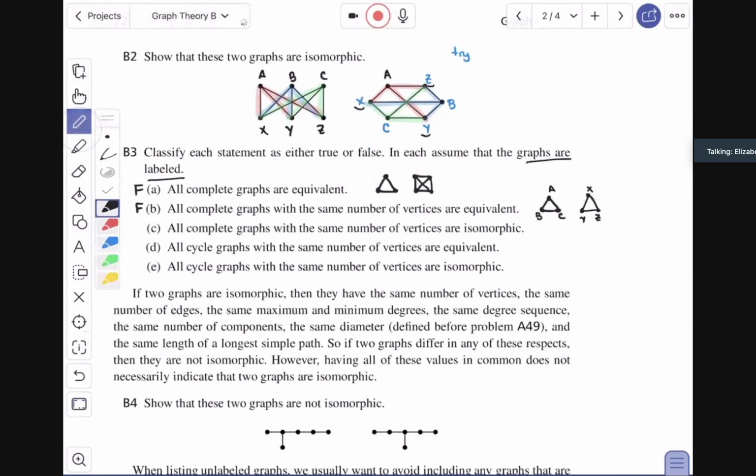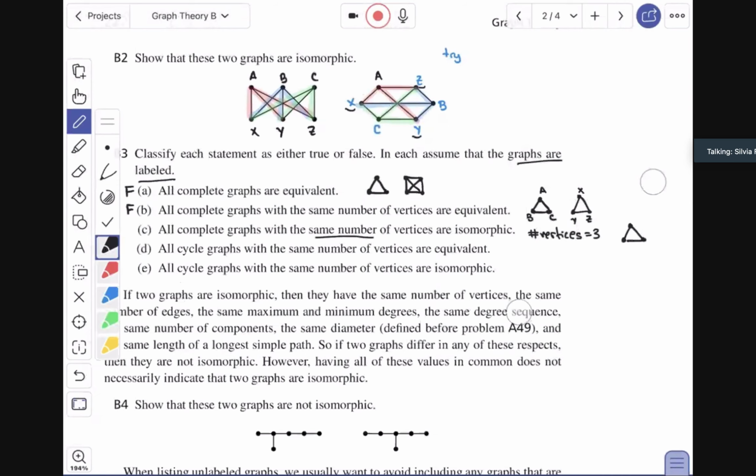Are we referring to the triangle? Yeah. So as an example, because it says same number of vertices, I'm just taking the example number of vertices equals 3, just to understand the problem. All the complete graphs with 3 vertices are really just the cycle, right?